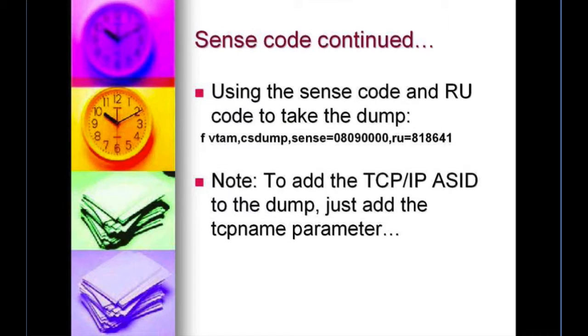Using the sense code and RU code to take a dump, an example of that command is F space VTAM, CSDUMP, sense equal 0809 0000, RU equal 818641. Note, to add the TCPIP ASID to the dump, just add the TCP name parameter.